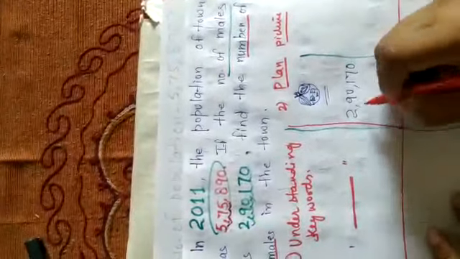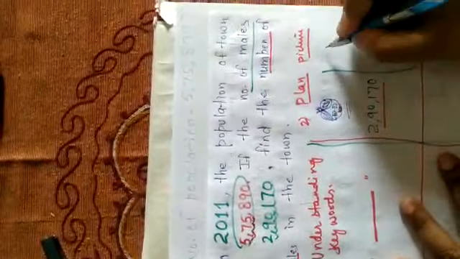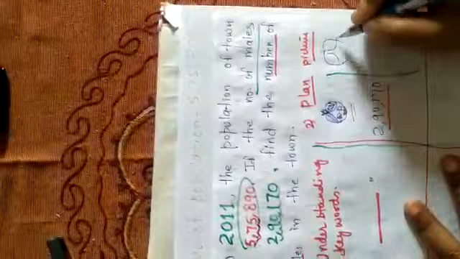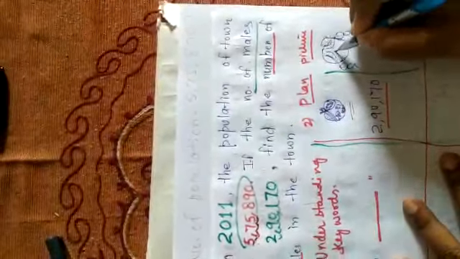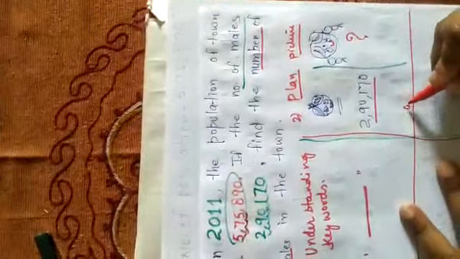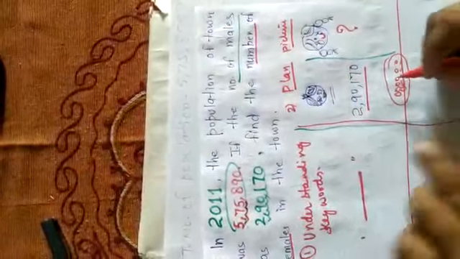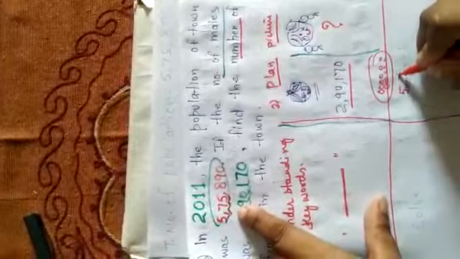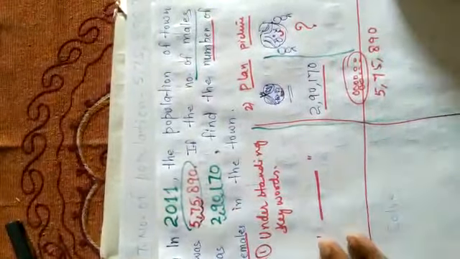This is the number of males, right? And the female. The question is, we have to find out the number of females. So the total population is 5,75,890, right? Now let's start.